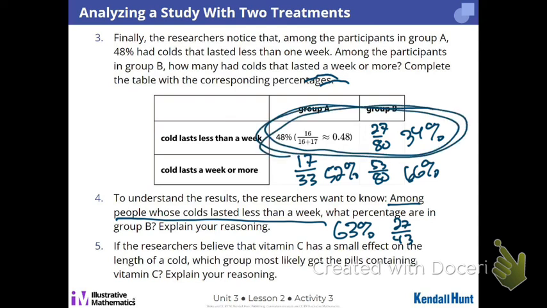So this is the table that shows the columns, which is groups. So notice here, less than a week. A was 48%, B was 34%. So which one had more that were less than a week? Group A. Not by much, but it also says that, right? Small effect. It has to be group A. Doesn't say positive effect, though. Yeah. I think that's what it's looking for, though.